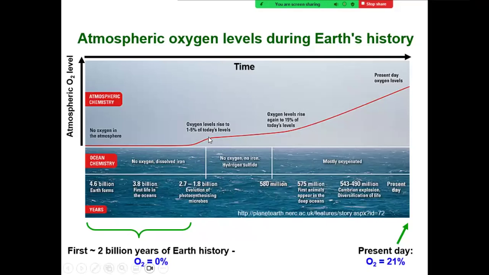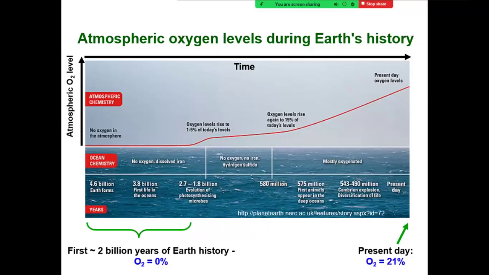That allowed for ozone to form in the Earth's atmosphere, which protected life on the land, allowing for the evolution of green plants. Because of green plants and the microbes making oxygen, we have the present-day oxygen in the Earth's atmosphere, around 21%. About half of that oxygen comes from green plants. The other half comes from microbes.